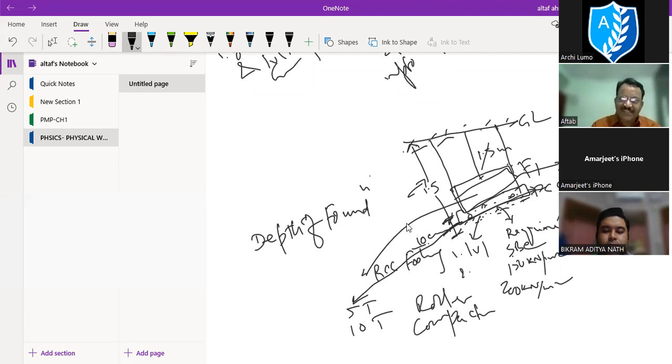You moisten this soil and then compress it, because once you add moisture to the soil and compact, it is easy. In dry soil, it is very difficult to compact.